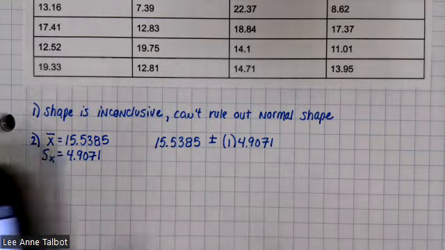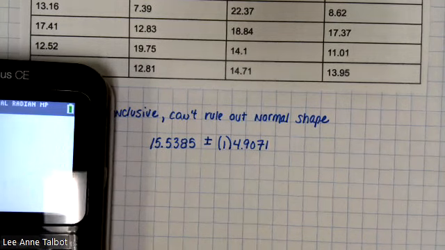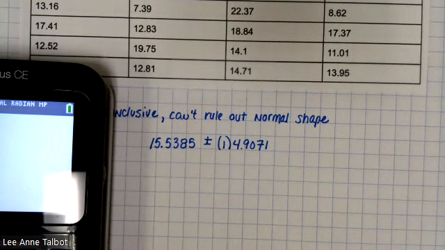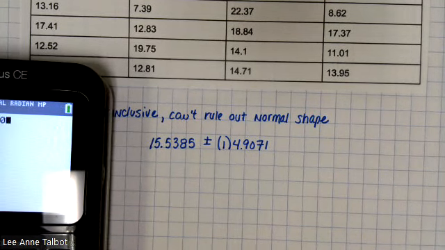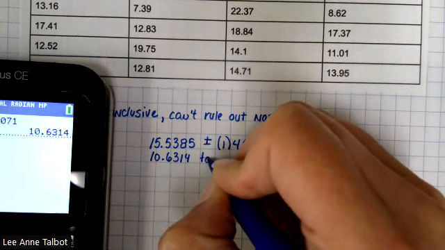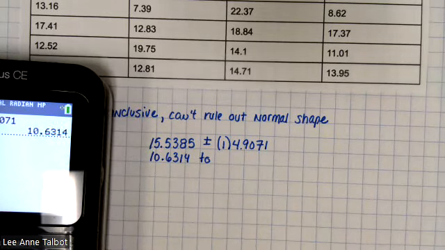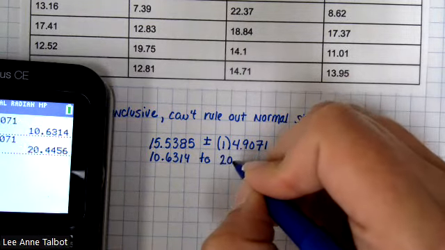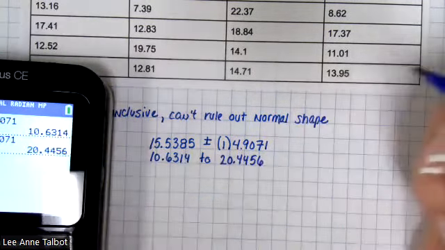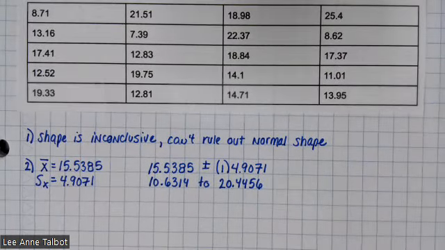Okay, now if I do 15.5385 minus one standard deviation, how many of my numbers, how many of my data set are within this range?